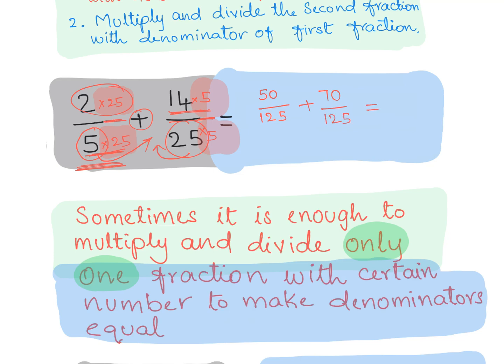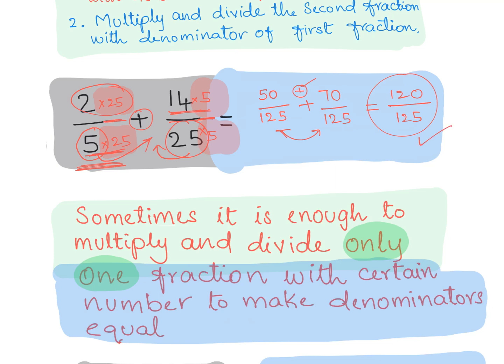Then, as the denominators are same, write it once, and the numerators we just add up, so 50 and 70 gives 120. So this is the answer.